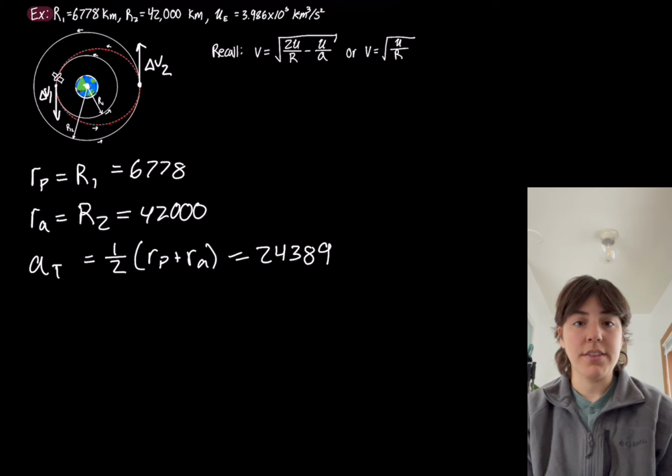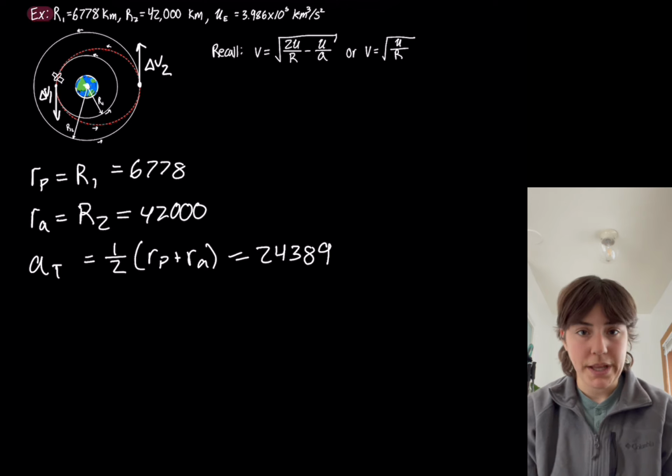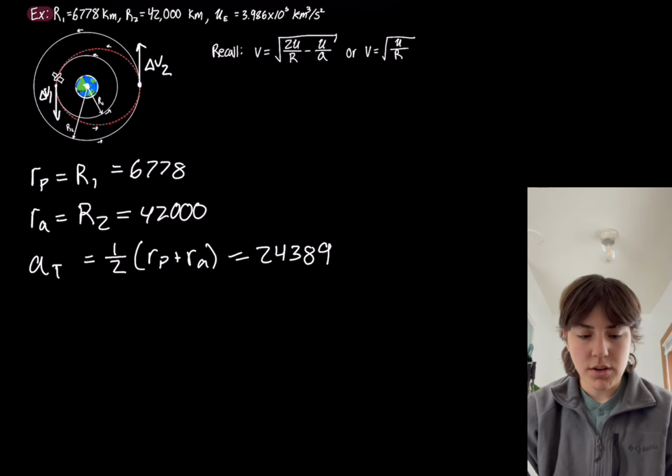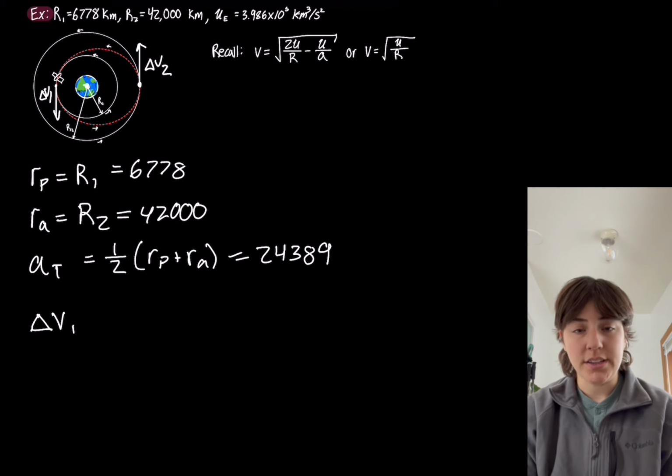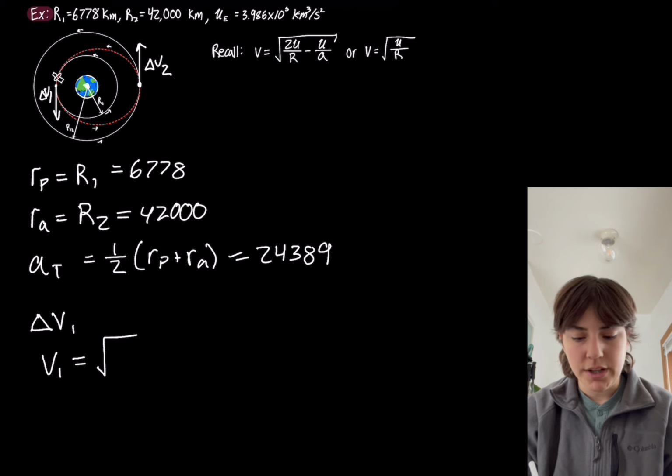Okay, so now we need to find the delta V needed to get from the first orbit into the transfer orbit. So we're finding delta V1. And in order to find delta V1, we need to find the velocity of the satellite right before the burn. So that's V1. And it's on a circular orbit, so we use this equation.